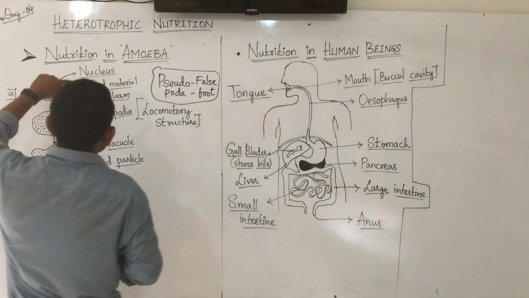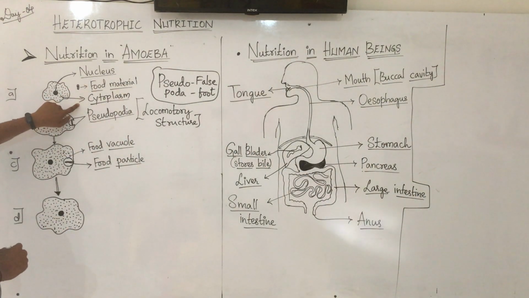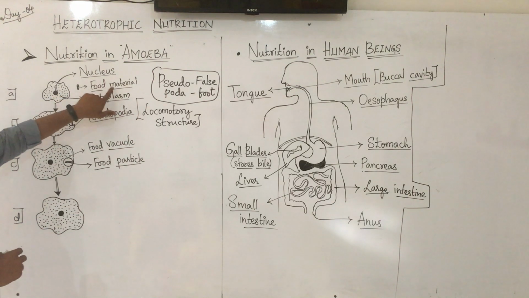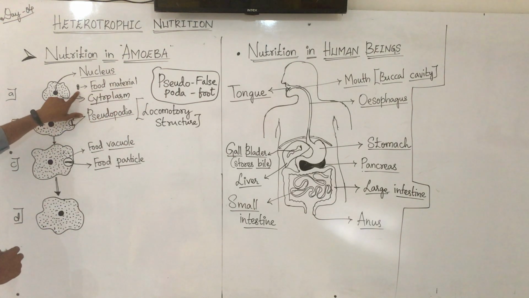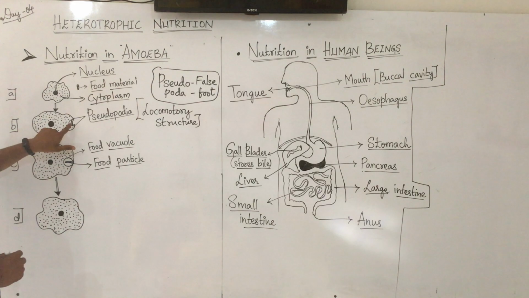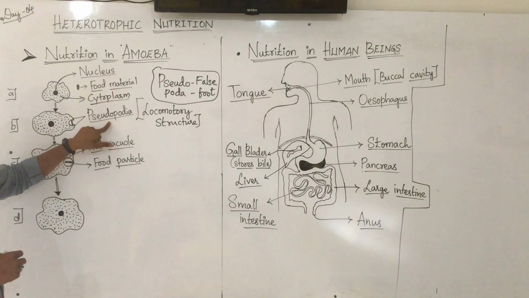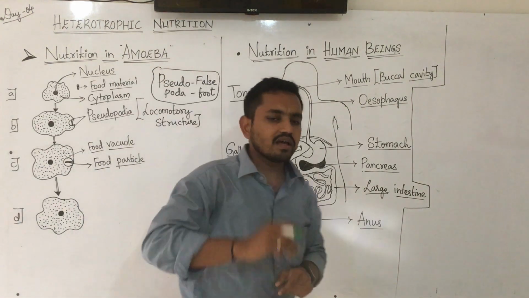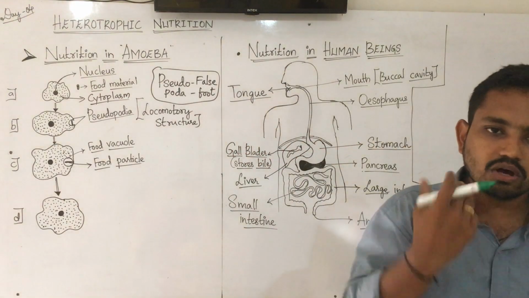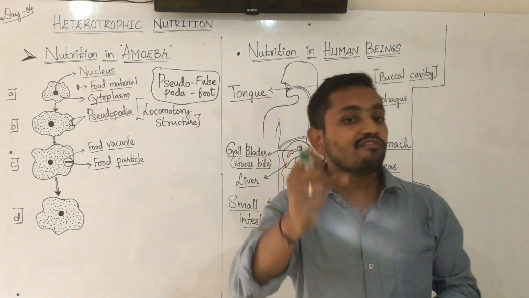So this is the nucleus and this is the cytoplasm. When we consider this as a food material, slowly this food material can be absorbed with the help of these pseudopodia. Pseudopodia here are meant not only for locomotion but also help to absorb the food.